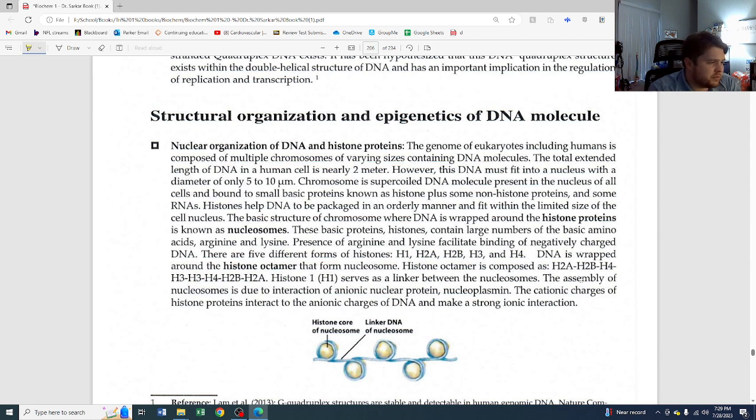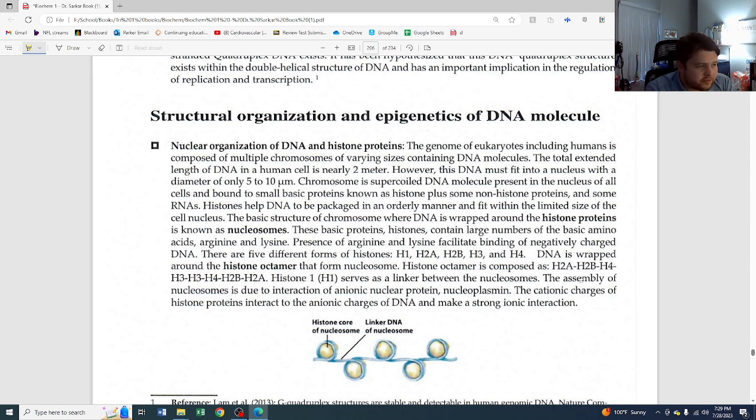The basic structure of chromosome, where DNA is wrapped around the histone proteins, is known as nucleosomes. These basic proteins, the histones, contain large numbers of the basic amino acids, arginine and lysine. The presence of arginine and lysine facilitate binding of negatively charged DNA.